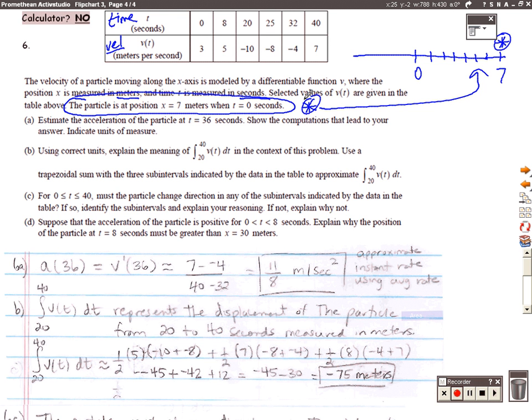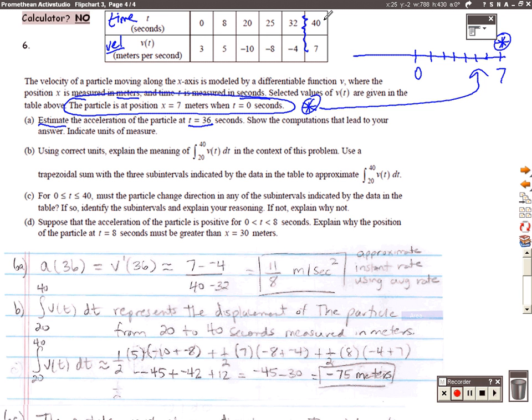Estimate, keyword, estimate the acceleration of the particle at 36 seconds. We know that acceleration is the slope or the derivative of velocity. So since they're telling me to estimate, they're asking me to estimate using an average rate of change. And since I'm estimating at 36, well, 36 is between 32 and 40.